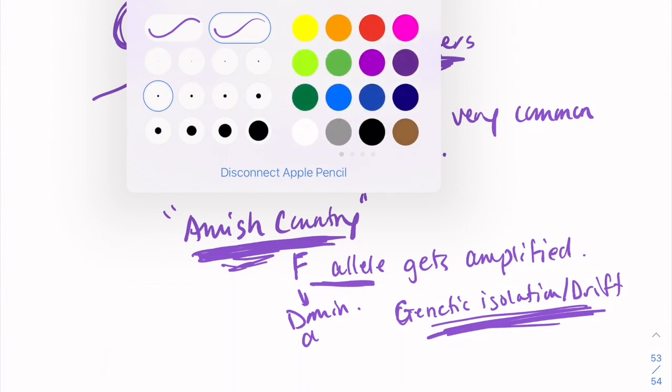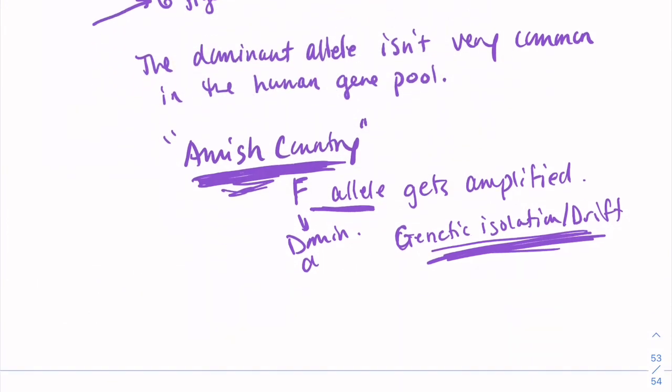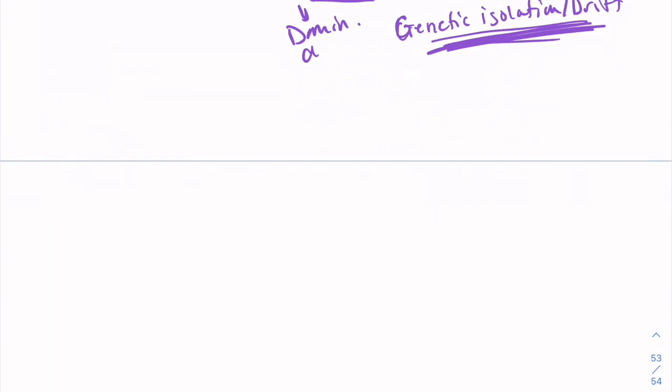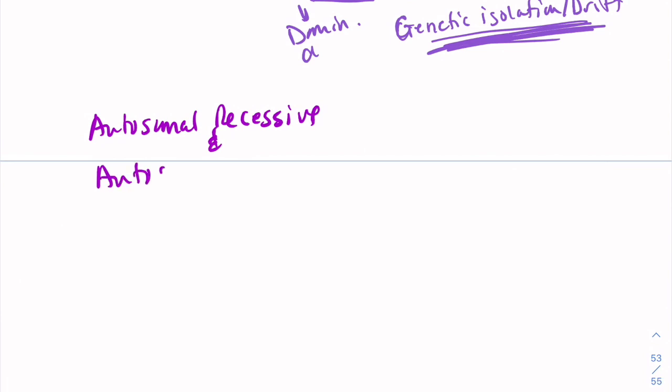So we have looked at autosomal recessive and autosomal dominant. These disorders occur when the faulty allele is on a numbered chromosome or a non-sex chromosome.